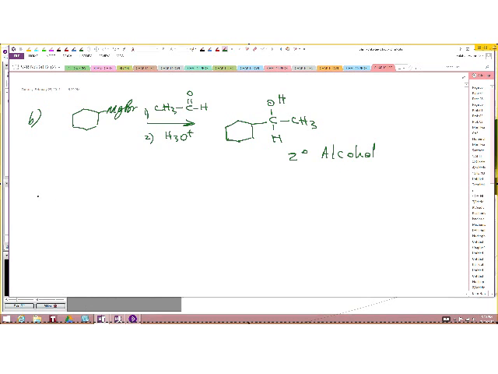We could also, call this 2C, react the Grignard with a ketone.